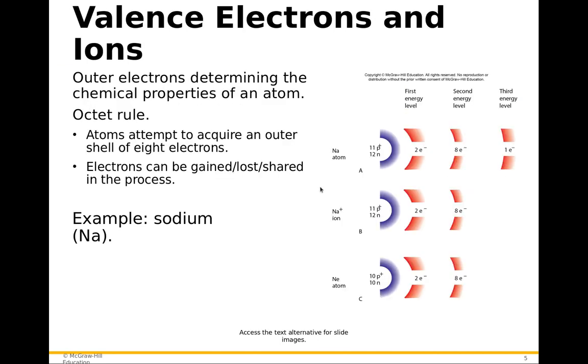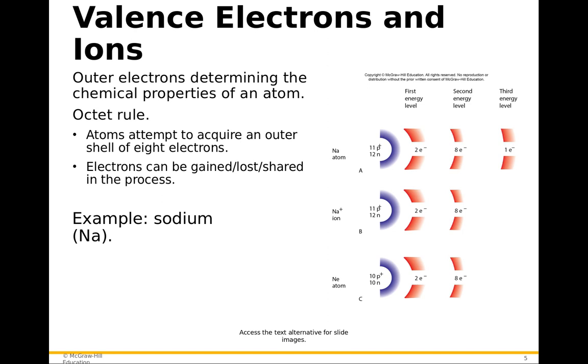All right, now here's the nitty-gritty. Valence electrons and ions. A valence electron is the outside electron around an atom. It's the electron that encounters everything around it. So imagine you're a nucleus and the electrons form a little bubble around you.